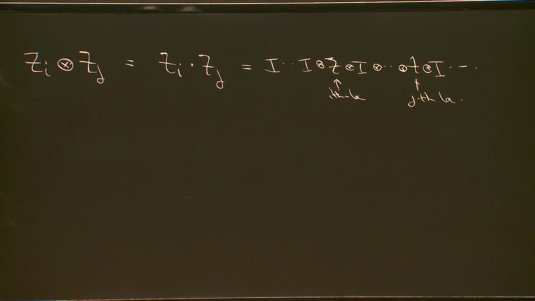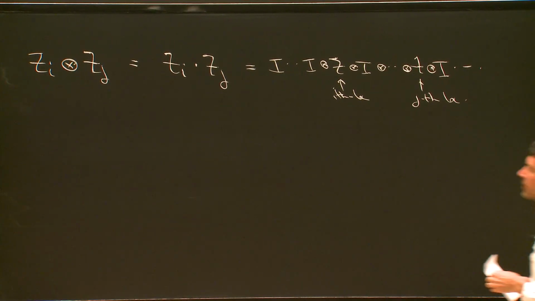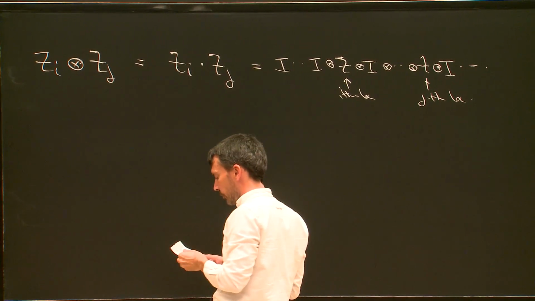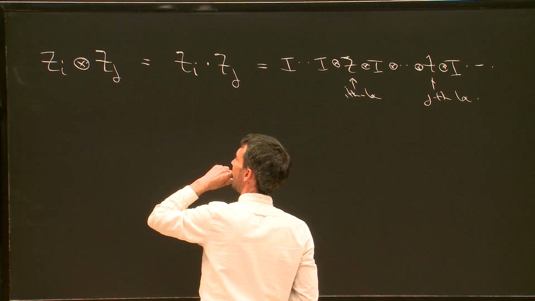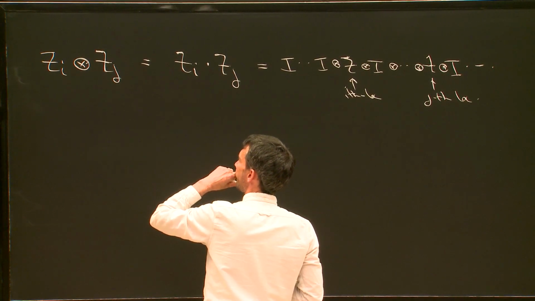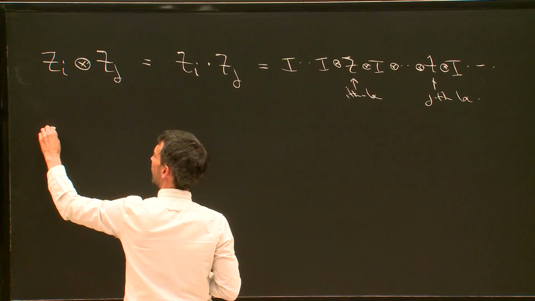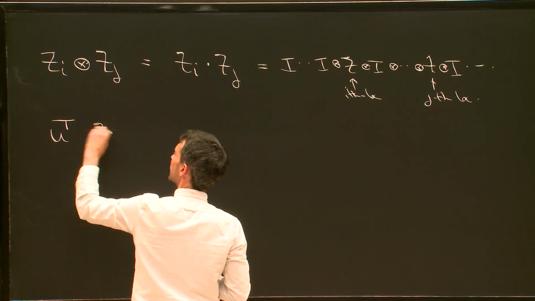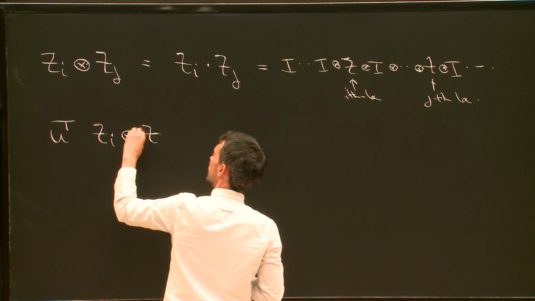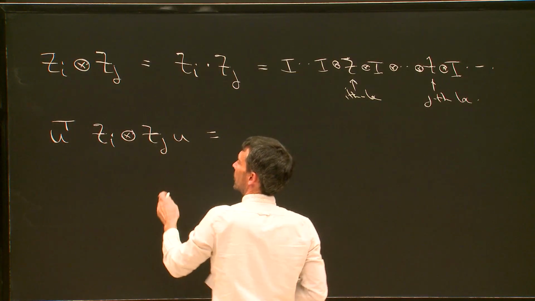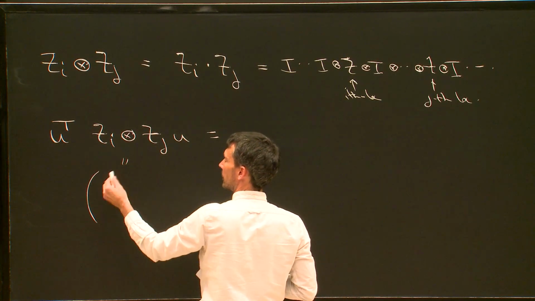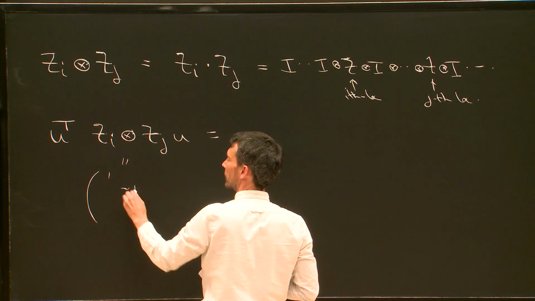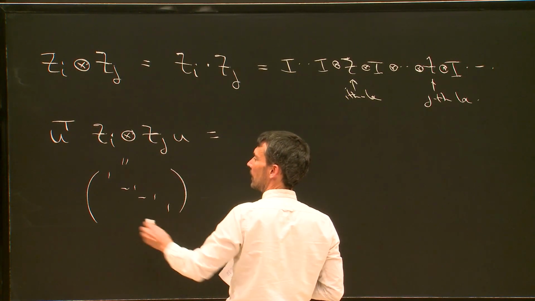So now I think of this as a parity constraint on my system. How to see that? I can take a vector u and compute u transpose Zi tensored Zj u. This matrix has eigenvalues +1 and -1. As a matrix in the appropriate basis, it's just 1, -1, -1, 1.